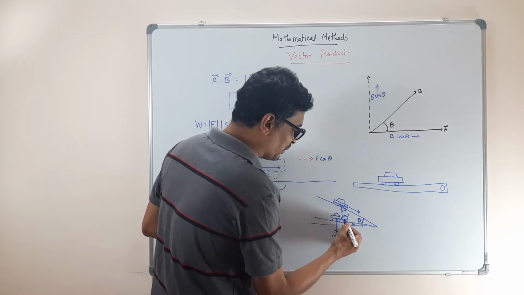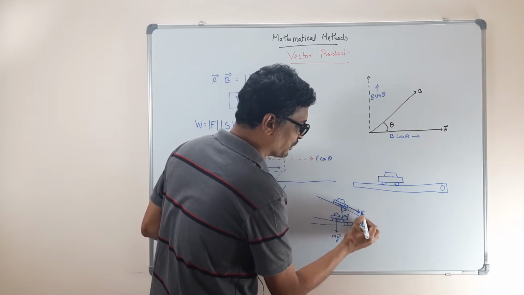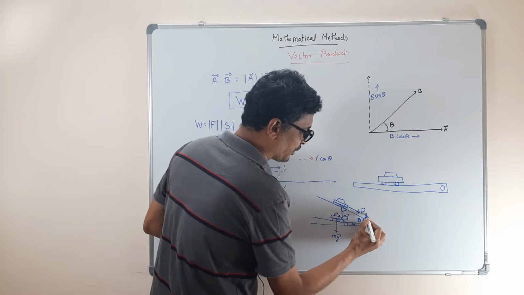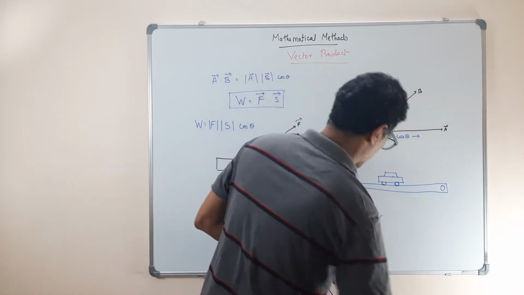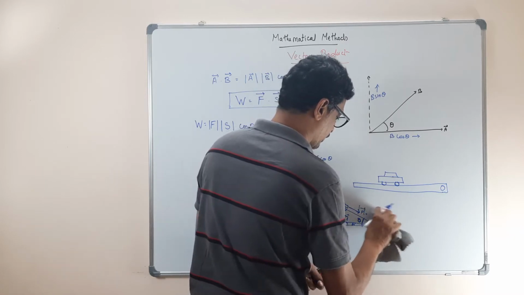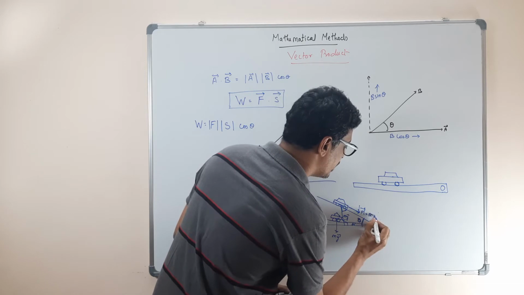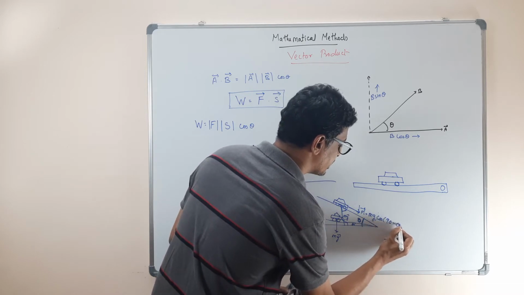This will be the component of force acting downwards. F is a vector. The magnitude of F will be mg into cos(90 minus theta).